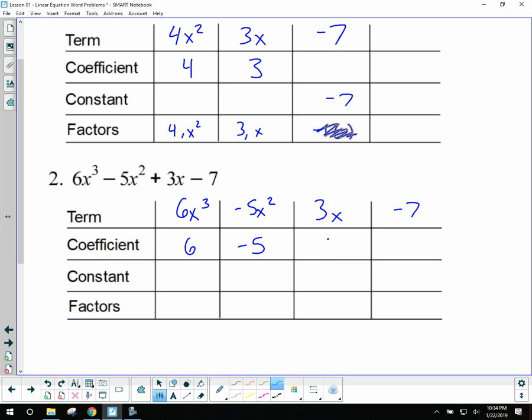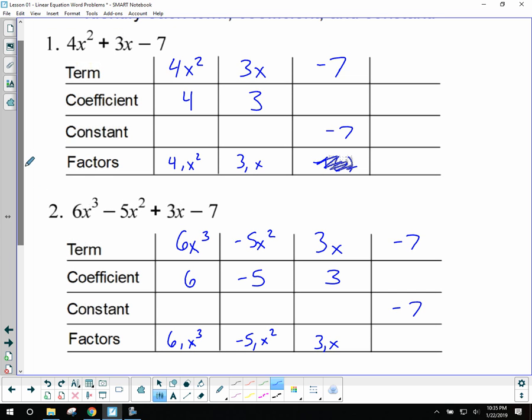Constant, -7. Factors, things being multiplied, so 6x cubed, -5x squared, and 3x. So go ahead and pause the video if you need to again to jot down your answers. And again, these are your notes. You're going to need them for later.